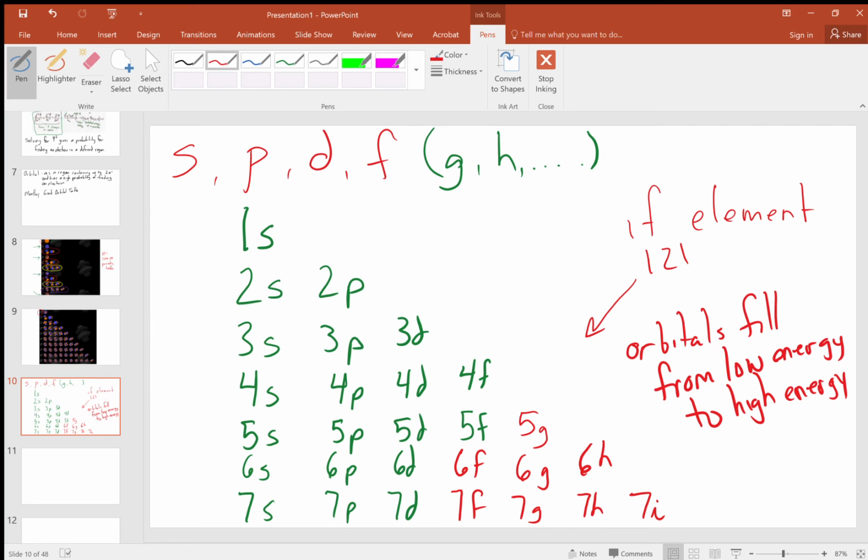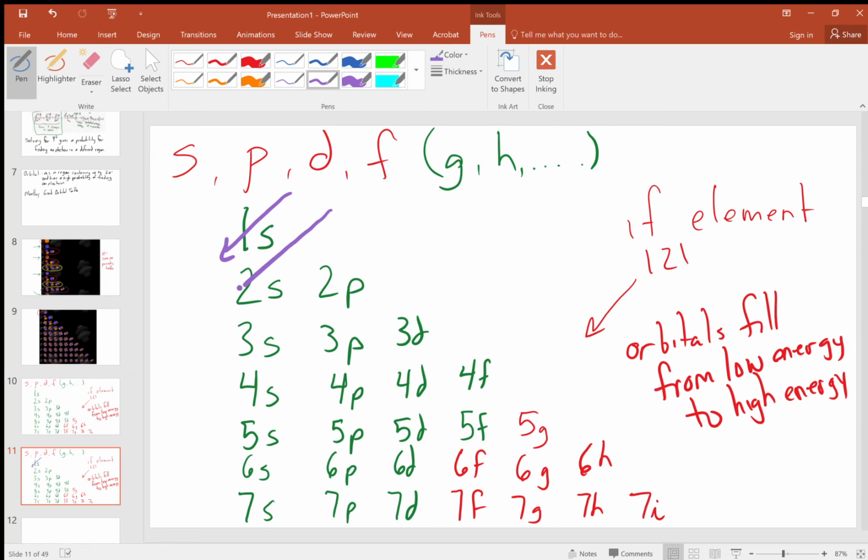Fortunately, there's an easy way to remember what order they fill in. And that's to draw a series of arrows. So I'm going to draw these arrows diagonally.